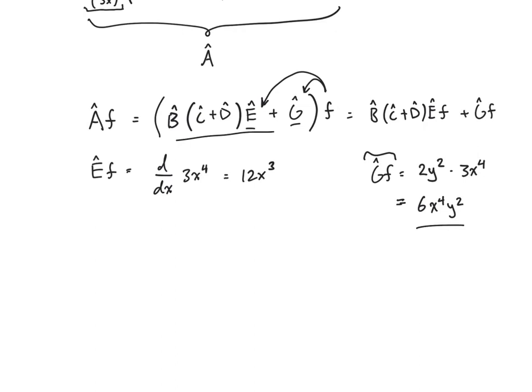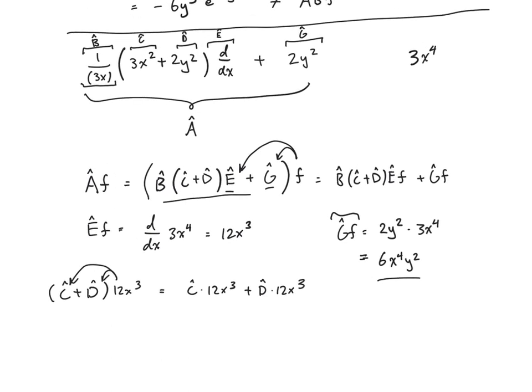Okay, next I've got C hat plus D hat, and these are just acting on my new function, 12x to the third. And what makes the most sense to do right now is to distribute that function to the right side of both of those operators. So that becomes C hat 12x to the third plus D hat 12x to the third.